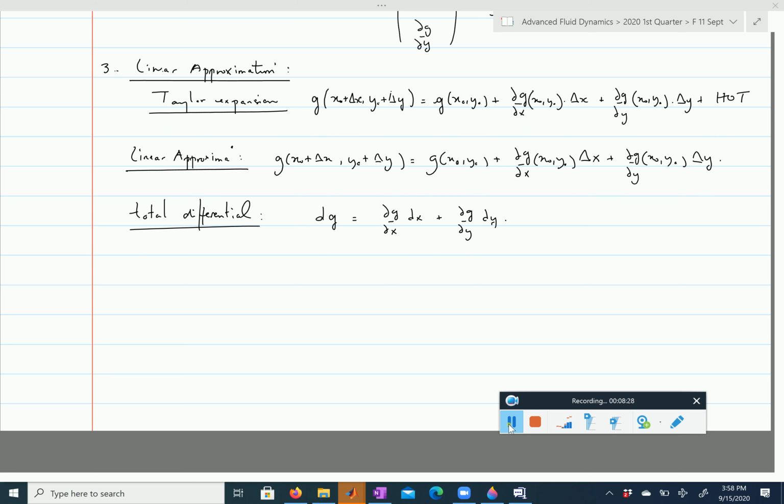So if you ask the question, how does the function g change?